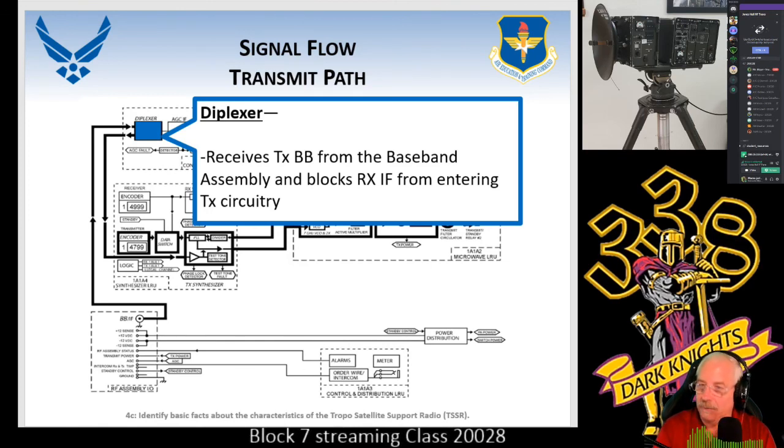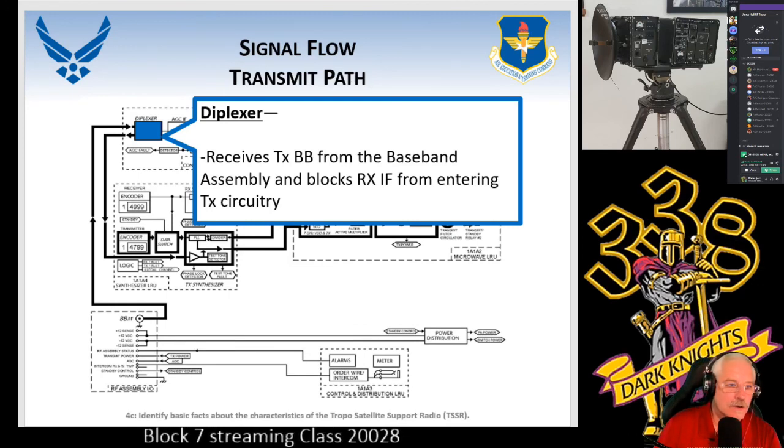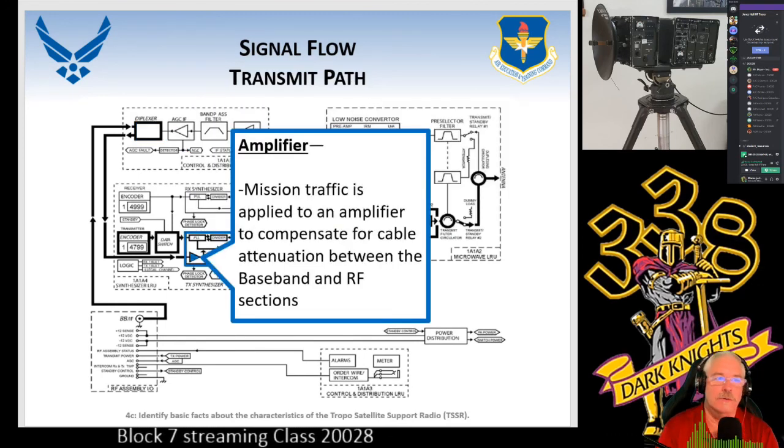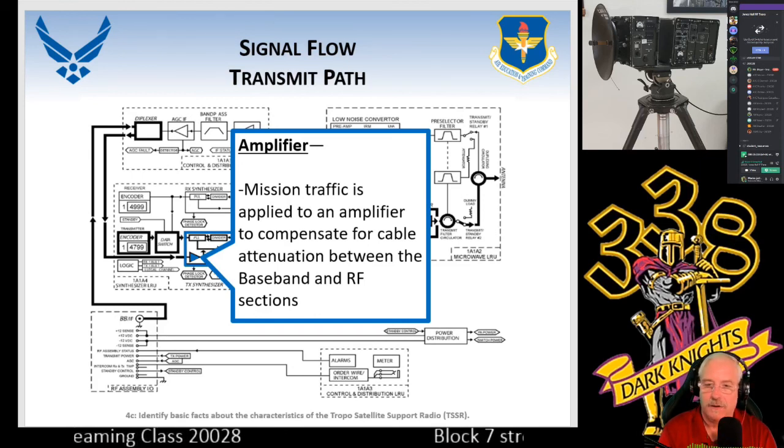In other words, the 70 megahertz is not going to get on it. Now, 70 megahertz is a receive signal. We want transmit on this path. So we're going to carry it over to something called an amplifier. In this scenario for our C's and D's, anything that you see in a triangle like this is normally an amplifier.